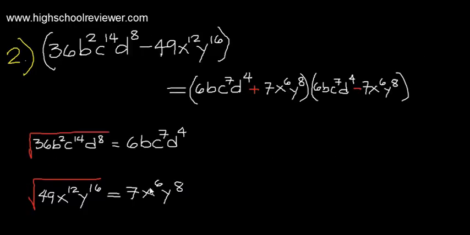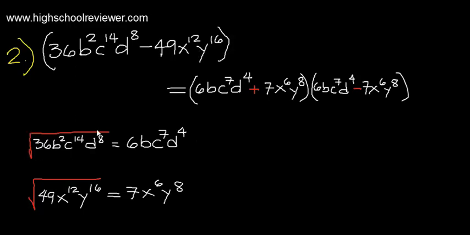Number 2, we have the quantity of 36b squared c raised to 14 d raised to 8 minus 49 x raised to 12 y raised to 16. 36 and 49 are perfect squares, and all the exponents here are even exponents. That is why they are perfect squares.